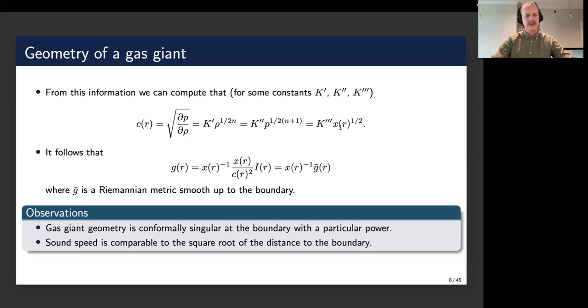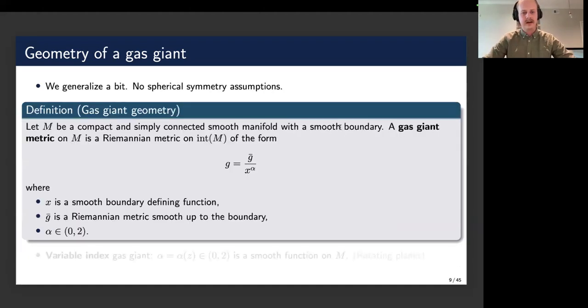All right. Now we are ready to build a mathematical model out of this. We generalize our situation a little bit. No more spherical symmetry assumptions; let's just start with a compact, simply connected smooth manifold with a smooth boundary. We say that a Riemannian metric on the interior of this manifold is called a gas giant metric if it can be expressed in this form: g equals g bar divided by x to the power alpha, where x is a smooth boundary defining function, positive in the interior, 0 at the boundary, with derivative that doesn't vanish at the boundary.